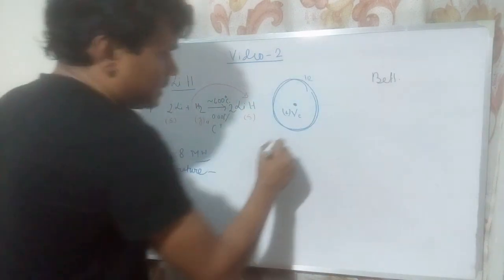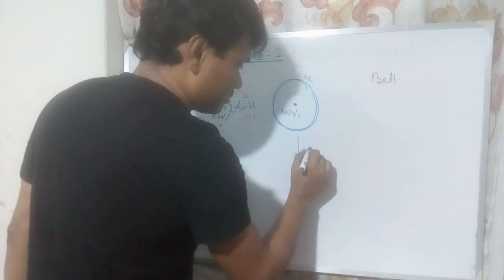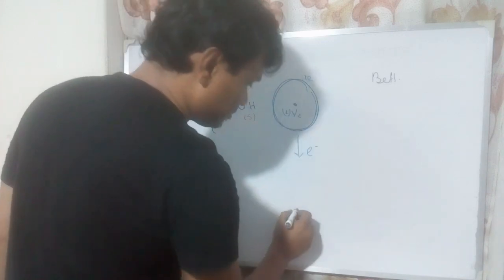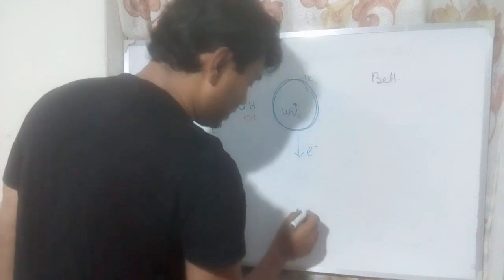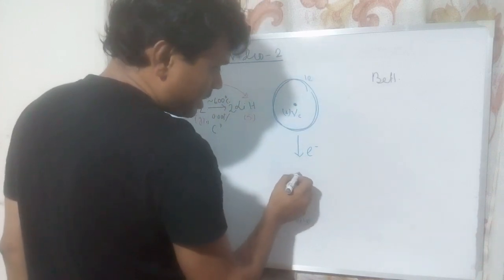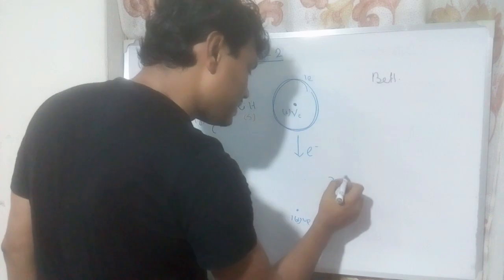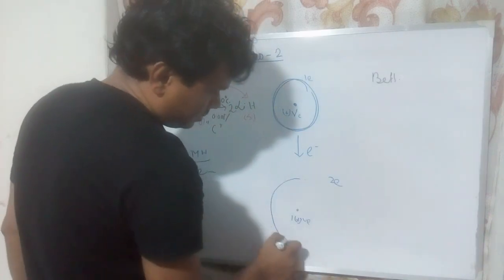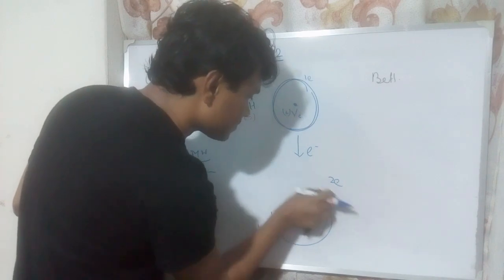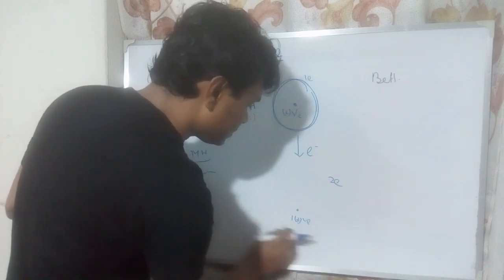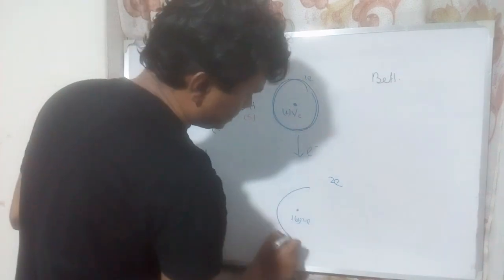Okay, fine. Let's add 1 electron to form the hydride. What will happen? This is 1 unit positive charge, but here 2 units negative charge outside. So let's consider the previous size, for example, this.